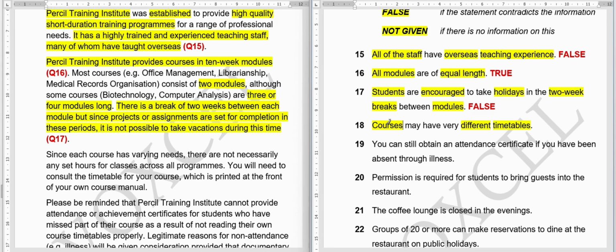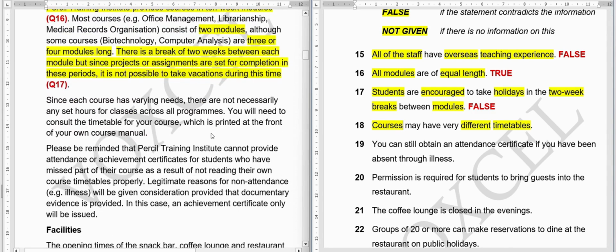That's right. So let's read the information together. Since each course has varying needs, there are not necessarily any set hours for classes across all programs. You will need to consult the timetable for your course, which is printed at the front of your own course manual. Okay, so this is the location of our question. You again have some time to tell me the answer, and your time starts now.